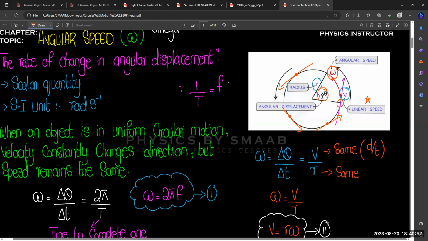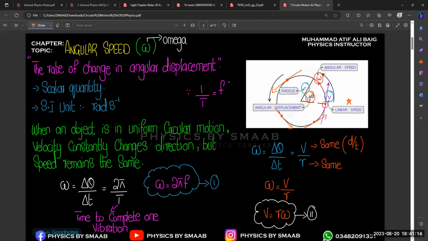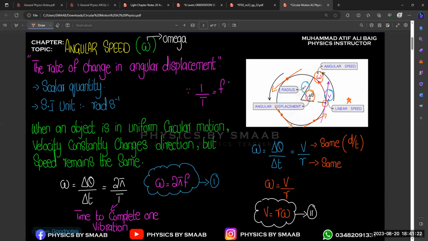And v is equal to r omega, because v and r are given in your diagram, and you can use the concept of a right angle triangle to easily find the angular speed. That is the concept. And from this equation you can easily identify that the greater the angle, the greater the angular speed, because angular speed and theta are directly proportional, and time is inversely proportional. So if you increase the radius, that will decrease your angular speed.